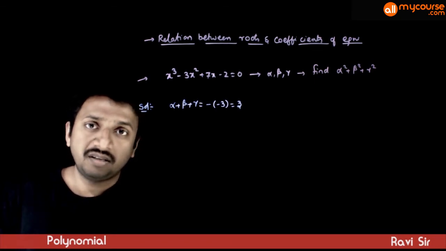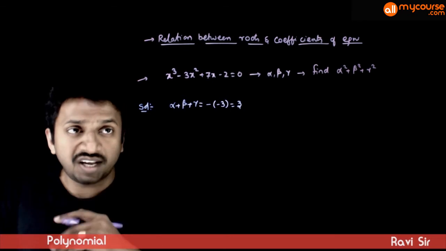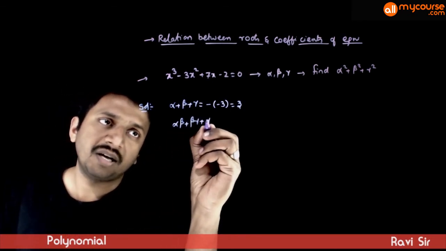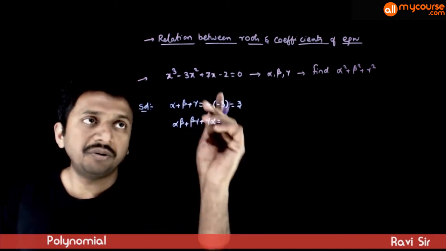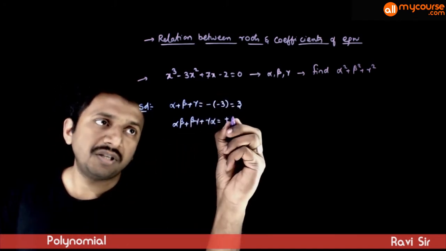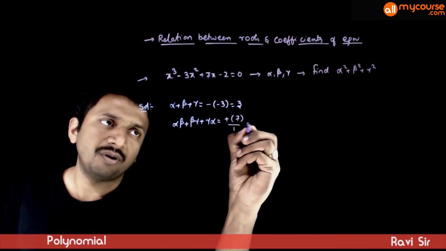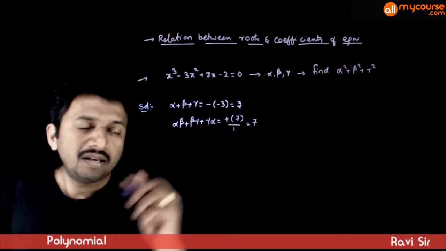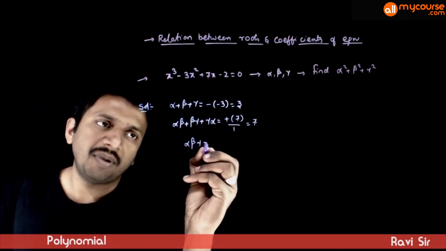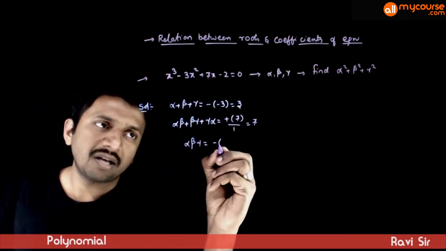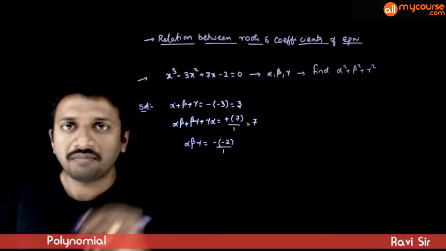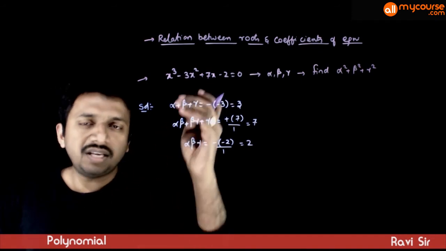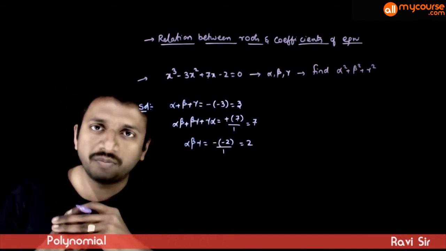Next, sum of products of two roots taken at a time, alpha beta plus beta gamma plus gamma alpha, is equal to plus of next coefficient by first coefficient, that is equal to 7. Next, alpha beta gamma is equal to minus of last coefficient by first coefficient, which is equal to 2. So these are three results that we already know.